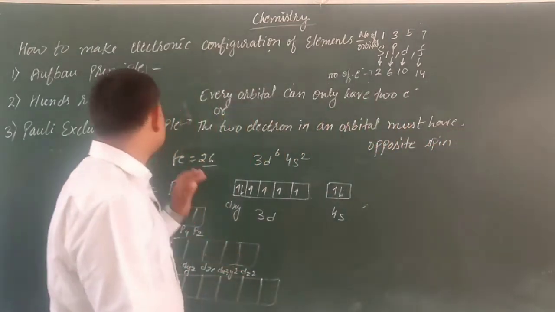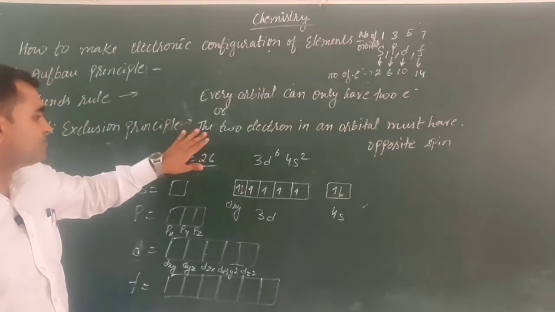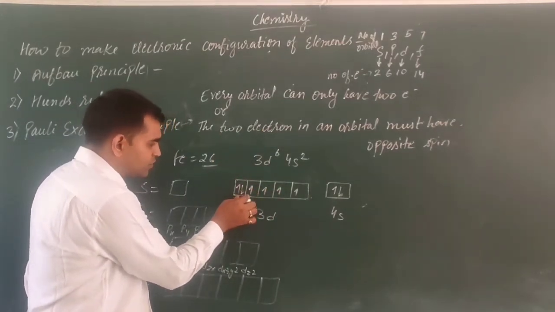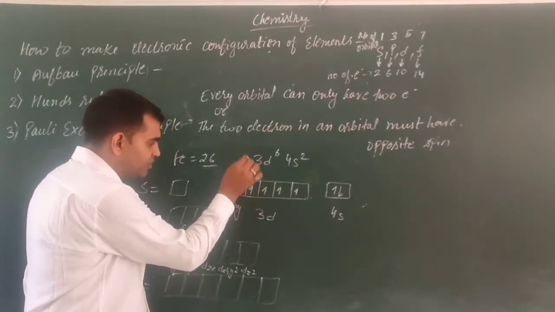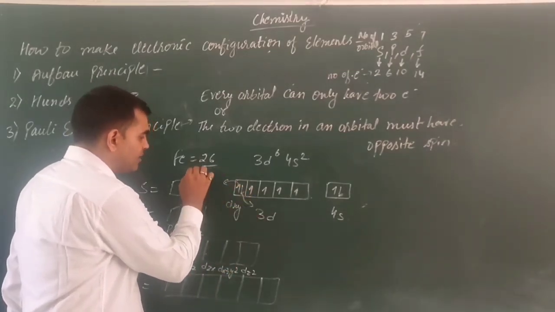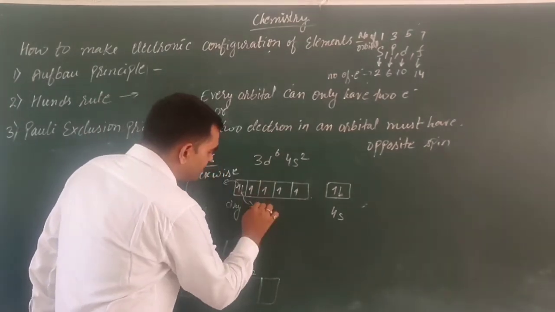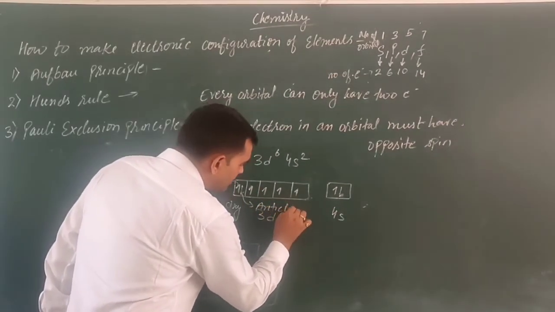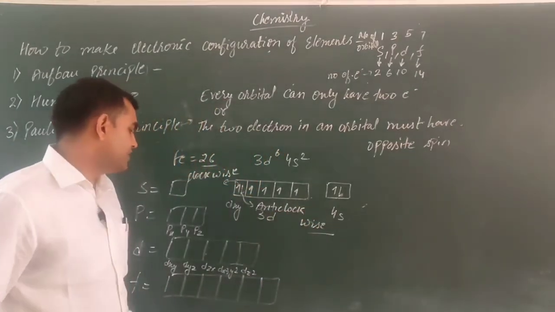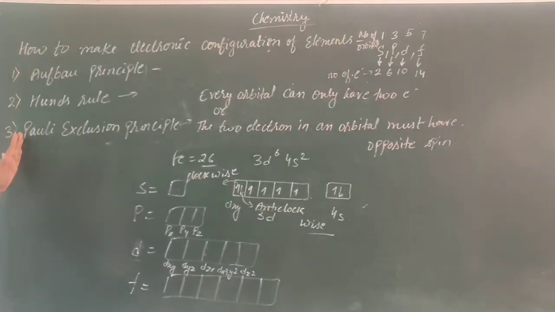This is the second principle of the Pauli exclusion principle, that the 2 electrons in any orbital must have opposite spin. If one is clockwise, then the second is anti-clockwise. If the first is clockwise, then the second must be anti-clockwise. These are the 3 rules.